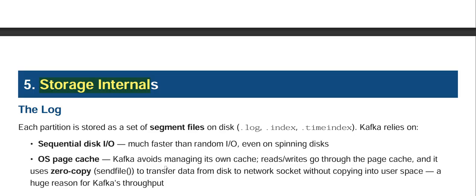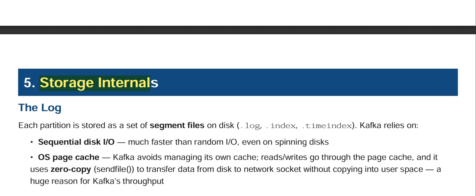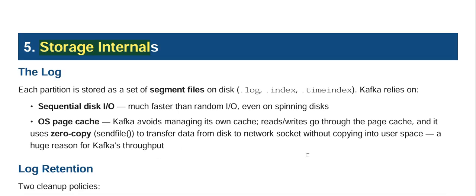Kafka relies on sequential disk I/O, which is much faster than random I/O. It also uses the OS page cache. Kafka avoids managing its own caches; reads and writes go through the page cache, and it uses zero copy, like sendfile, to transfer data from the disk to the network socket without copying into user space.